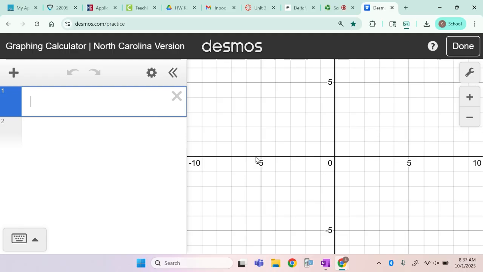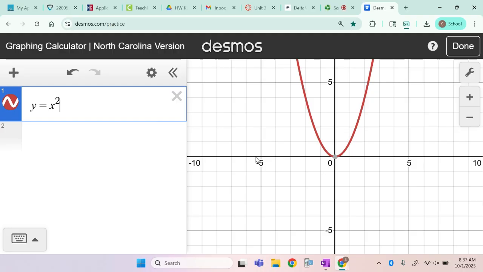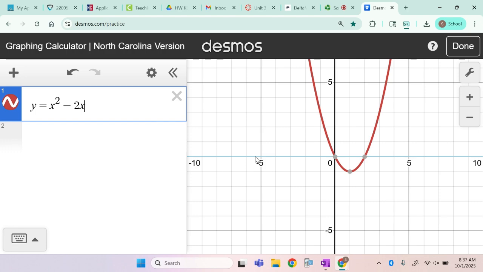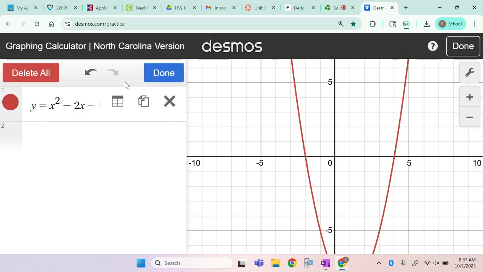So I'm going to type in the function. So it's y is equal to x squared, what is it, minus 2x, and then plus what? Minus 8. So what I'm going to do is hit the gear key on the top right of my little input area. Do you see this little table icon?